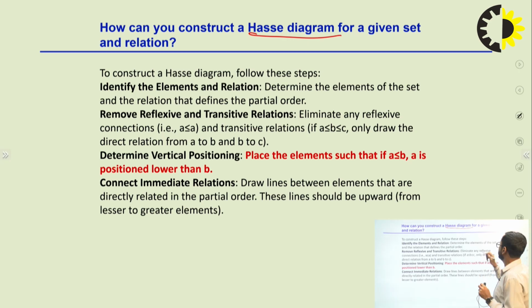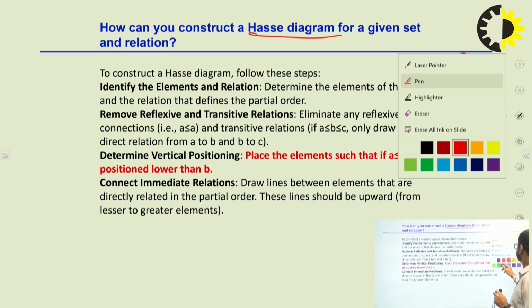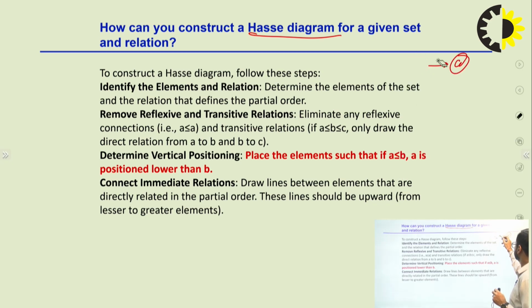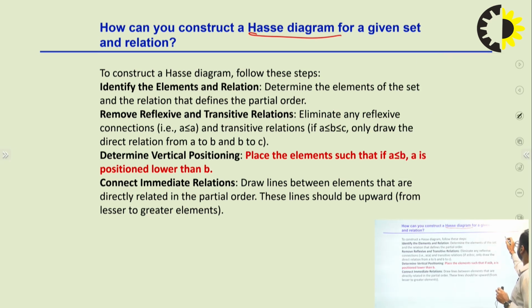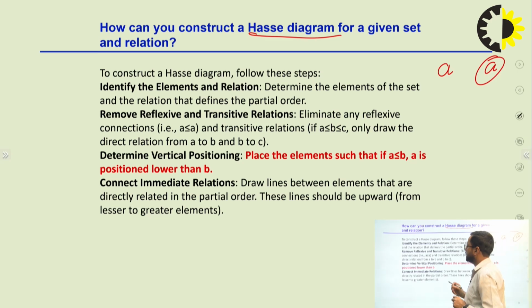That means we use A rather than this one. So this is the formation. Identify the elements and the relations, and properly use the elements in that formation.